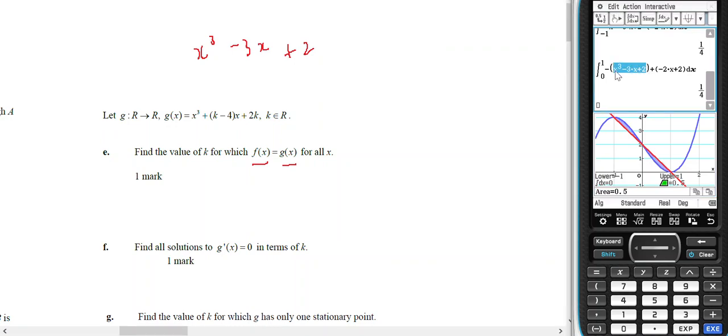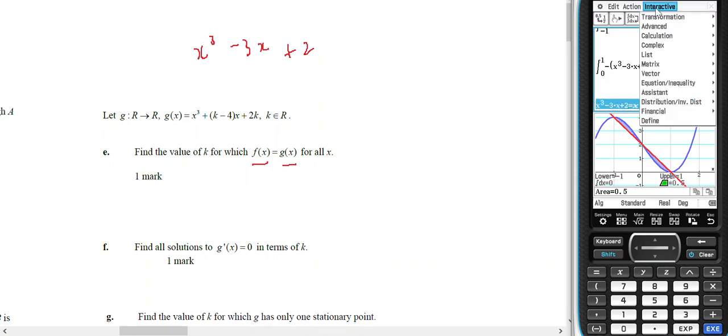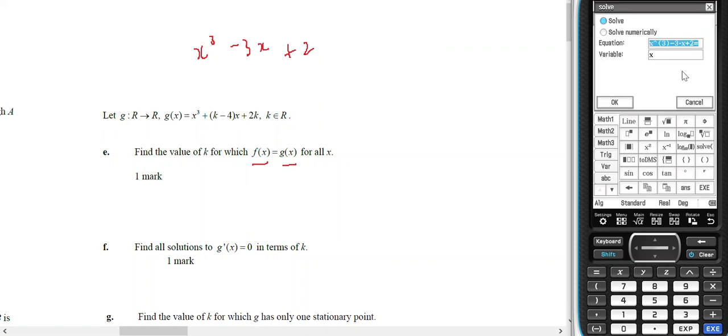So if I take that and put that in a new line, equals x cubed plus, bracket, I'll use y instead of k. Advanced solve for k, but I used y instead of k.